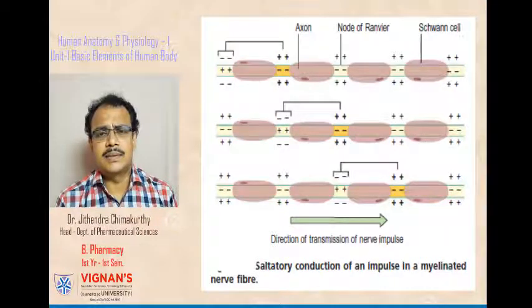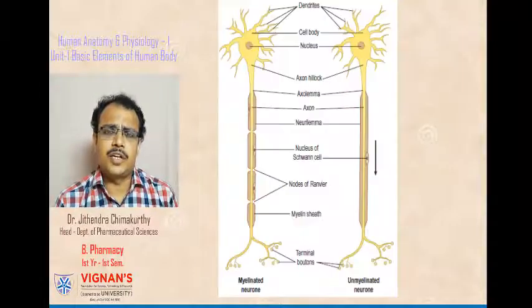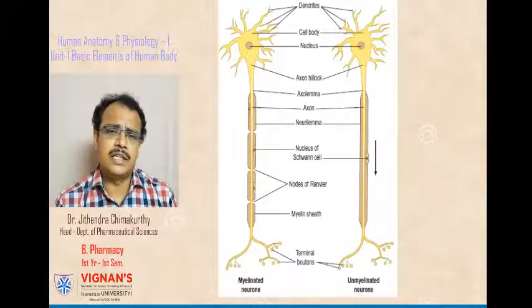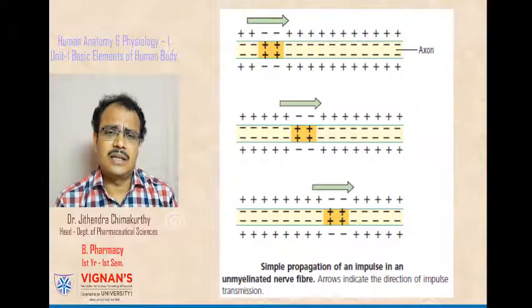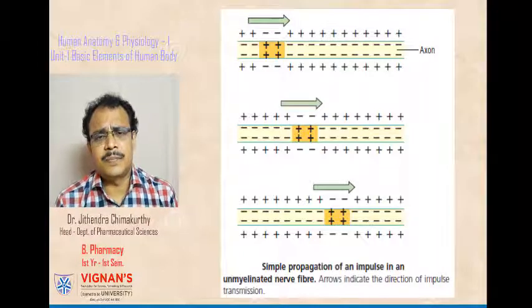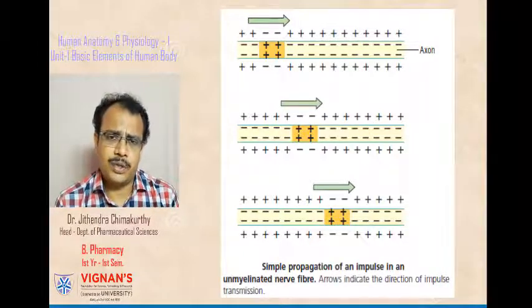Whereas small fibers and axons of postganglionic neurons do not have Schwann cells wrapped around them, and hence they are called non-myelinated neurons. Transmission of impulses along these non-myelinated neurons is generally slow, and it is called continuous propagation.